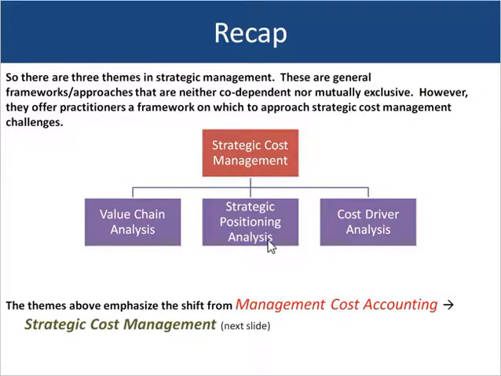So, a quick recap here. We talked about these three themes in strategic cost management. One thing that's very important is these are not mutually exclusive. These are not separate things. In fact, the examples we went through touch on value chain analysis and cost driver analysis. And this is a challenge you might run into during the course, where you might just jump in and say, hey, I'm going to apply one or the other.